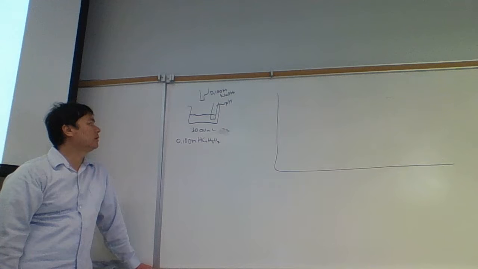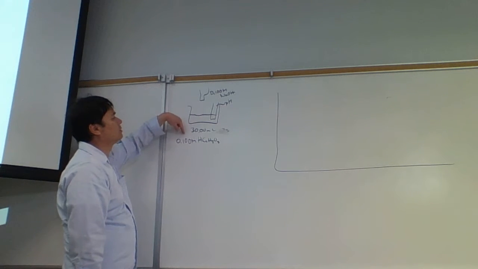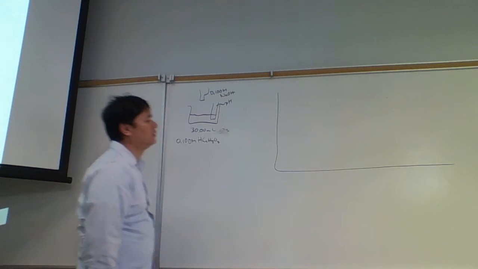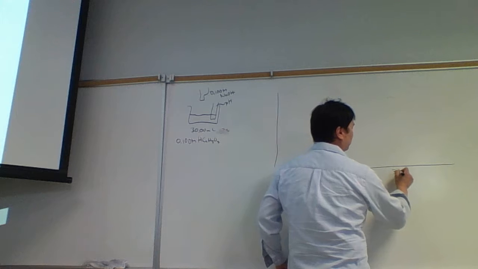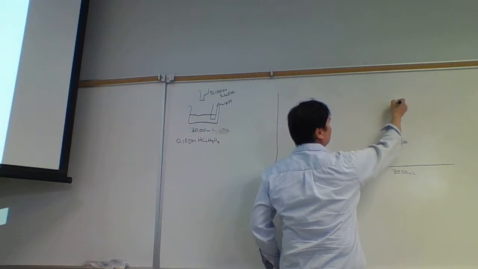The same amount, right? I'm going to have to add 30 milliliters because they're both the same concentration. So if I want to neutralize all this acetic acid, I'm going to have to add 30 milliliters of the sodium hydroxide. And so at 30.00 milliliters, I expect to see the equivalence point be up here.